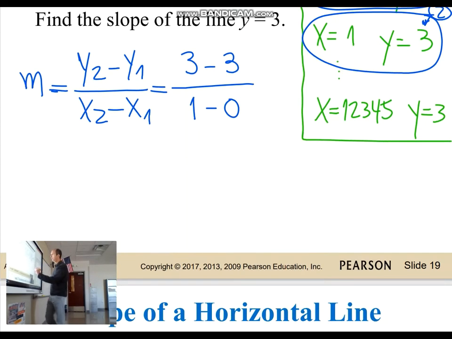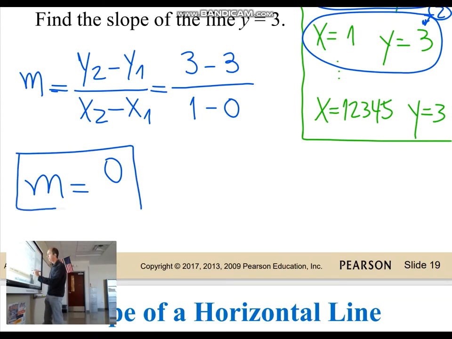Look how interesting: m equals 3 minus 3, which is 0, over anything different from 0, is just 0, right? The slope is going to be 0.